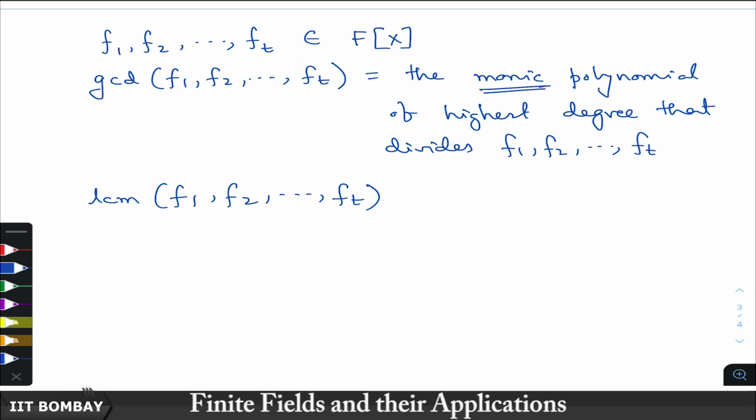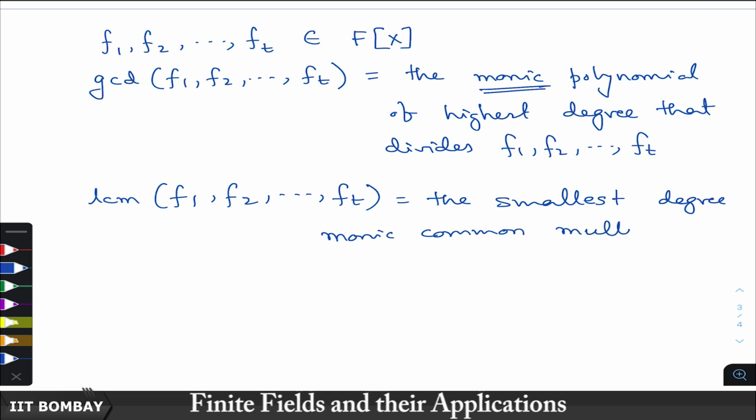That is, it is the smallest degree monic common multiple of f1, f2 up to ft.